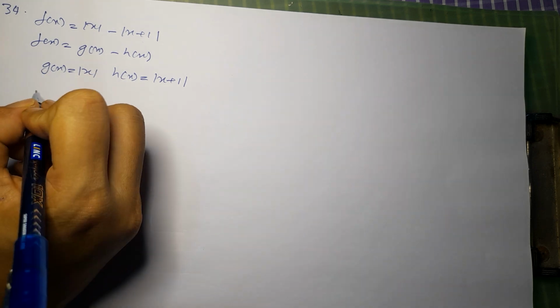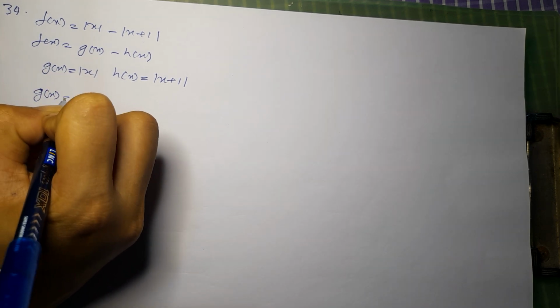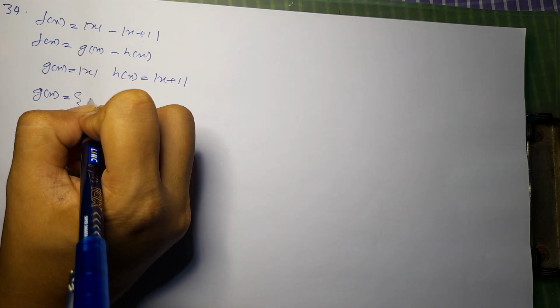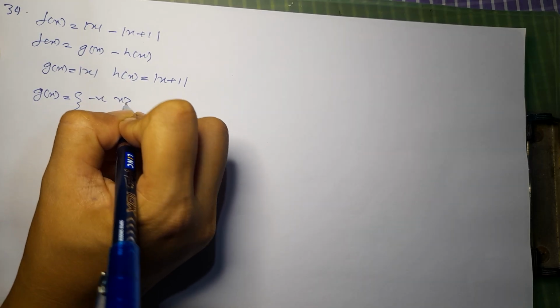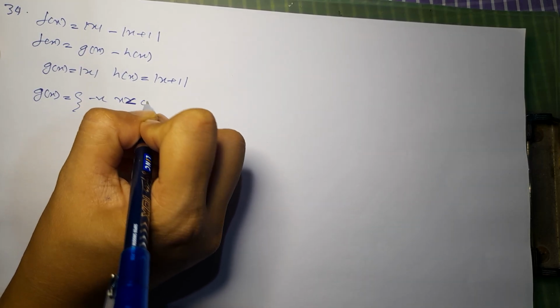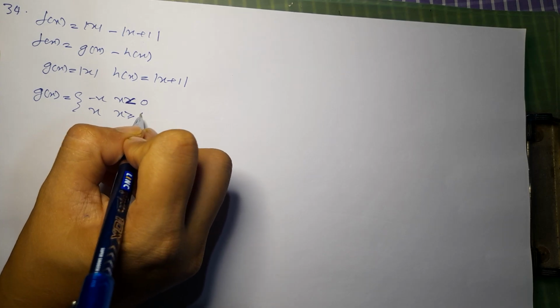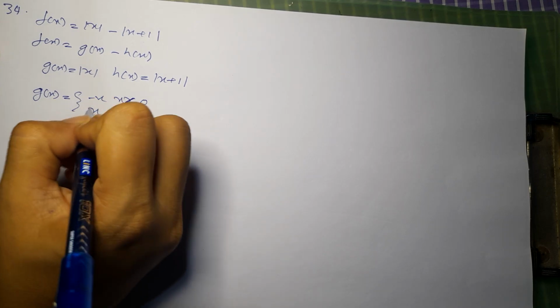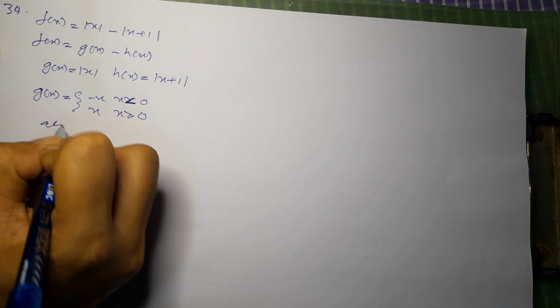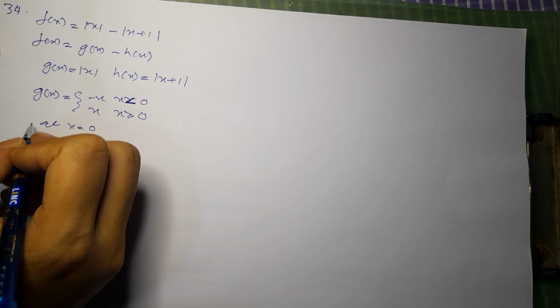We have to write the modulus function, that is g(x) is equal to minus x when x is less than 0 and x when x is greater than or equal to 0. We have to show now this is continuous at x equal to 0.